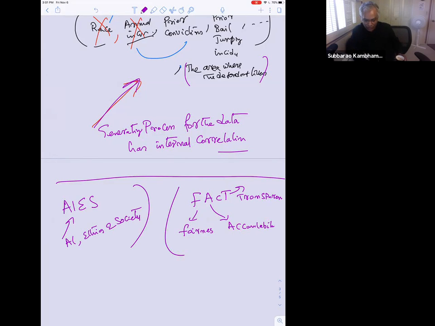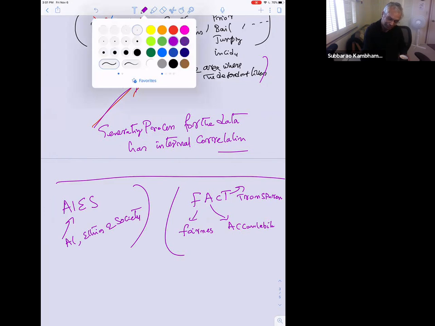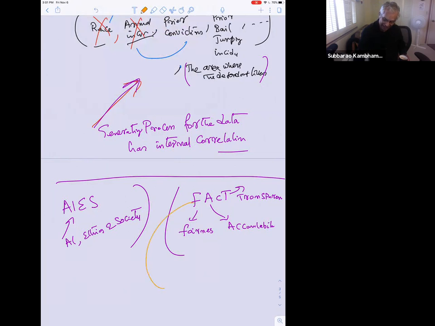And as a cute digression, FACT started as FAT, Fairness, Accountability, and Transparency, and it was FAT for quite a long time.